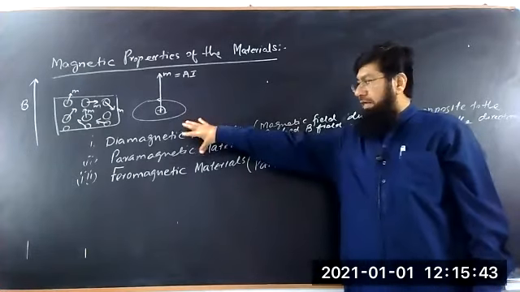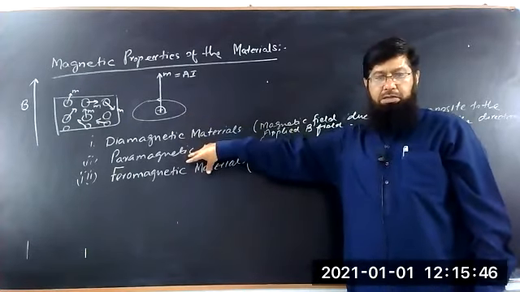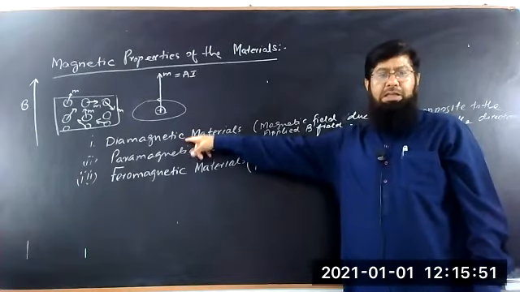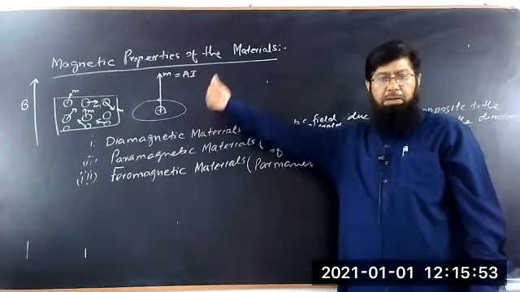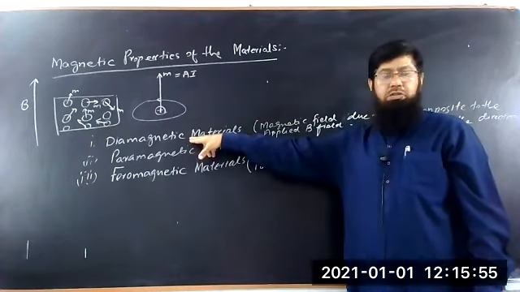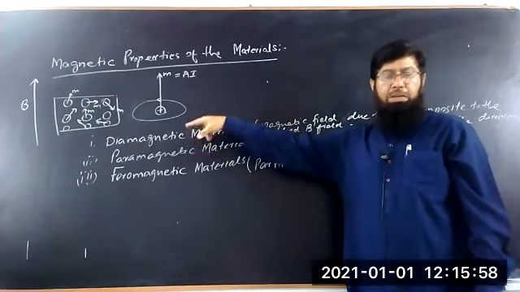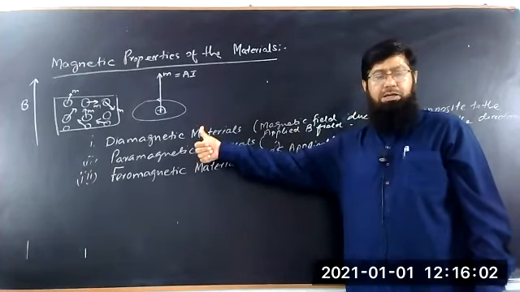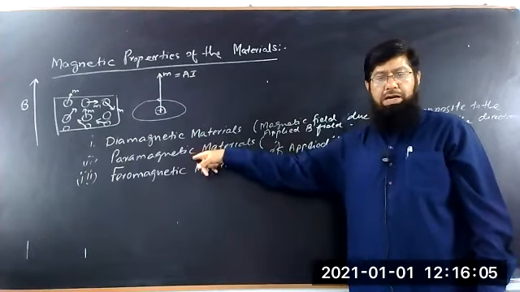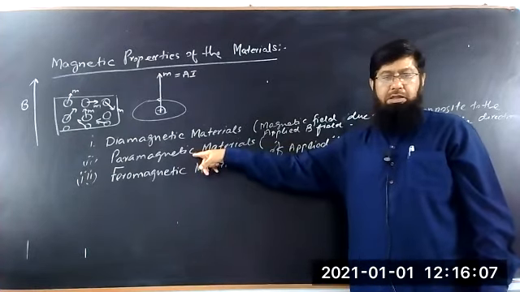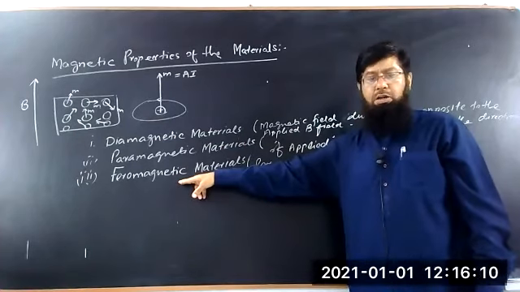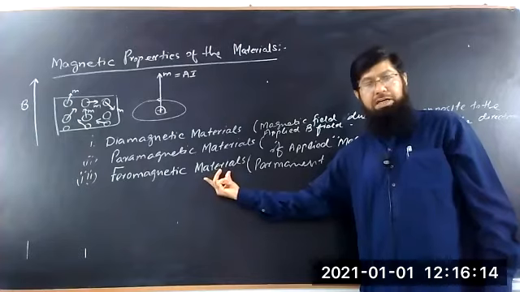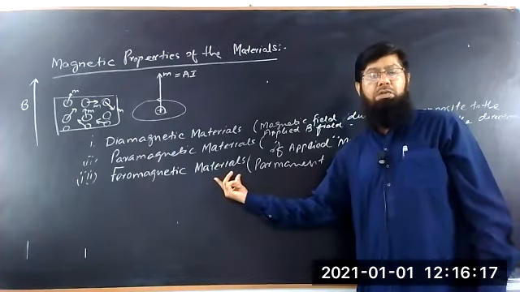If the magnetic property of the material is opposite to the direction of the applied field, the material is known as a diamagnetic material. If the magnetic property is along the direction of the applied magnetic field, the material is known as a paramagnetic material. And the ferromagnetic material, whose magnetic field does not depend upon the external field, is a permanent magnet, and this is because of the spin motion.